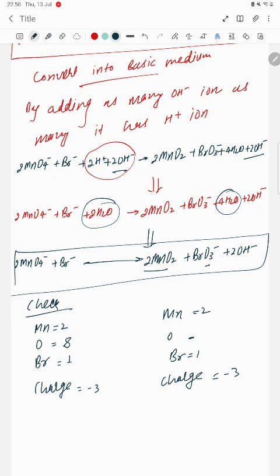But oxygen is not balancing, and hydrogen is also not balancing. It means somewhere we have made a mistake.